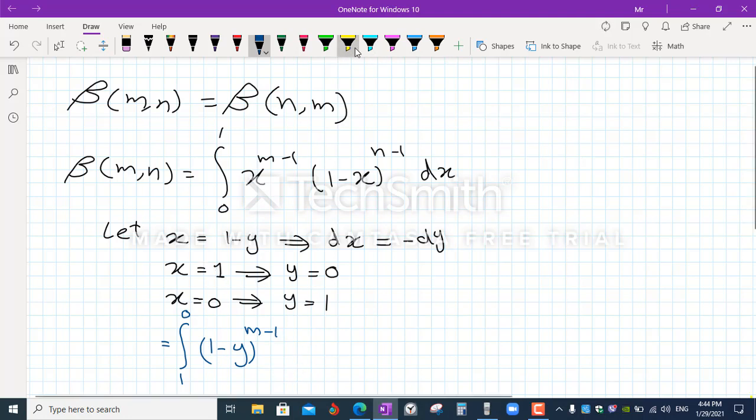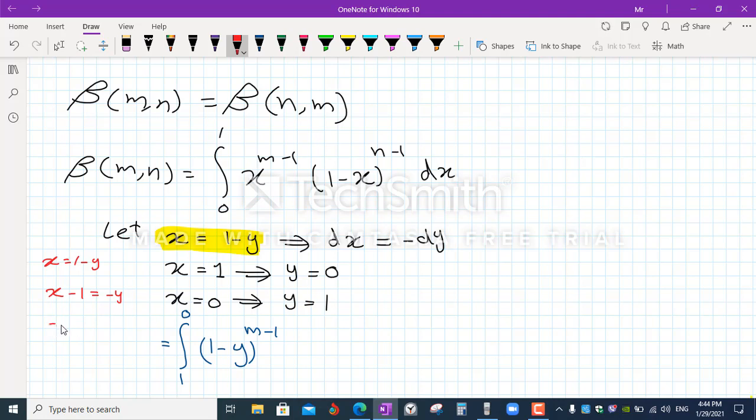And if we calculate y in terms of x, y is equal to 1 minus x. If we do it quickly here, x is equal to 1 minus y, so x minus 1 is equal to negative y.